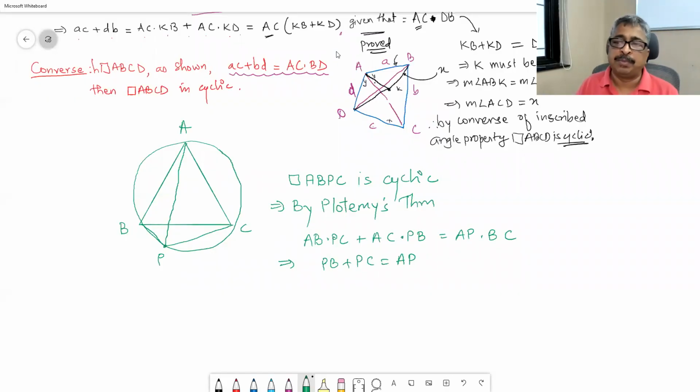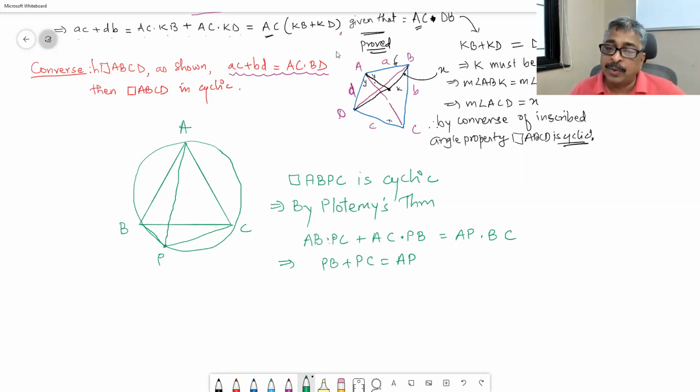Application of Ptolemy's theorem. The first problem which we have solved: equilateral triangle in a circle and point P is on any minor arc BC. So we were supposed to prove PB plus PC is equal to PA. ABPC is a cyclic quadrilateral. Therefore, by using Ptolemy's theorem, a one-liner proof of the earlier problem. And the earlier problem was difficult because we were required to do an additional construction.